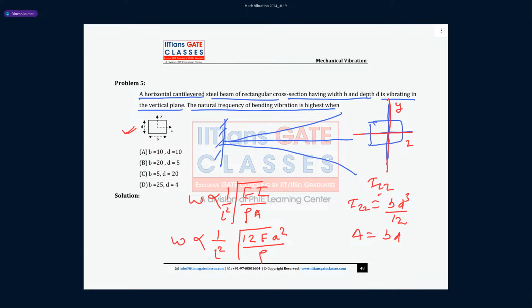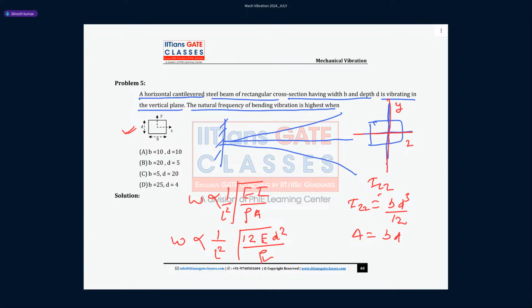Now guys, in this problem they are keeping the length the same, and the material is the same. So what is changing? Only the cross section is changing, right?